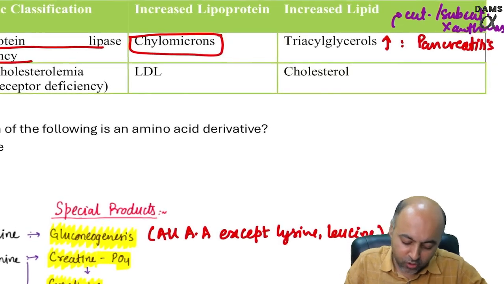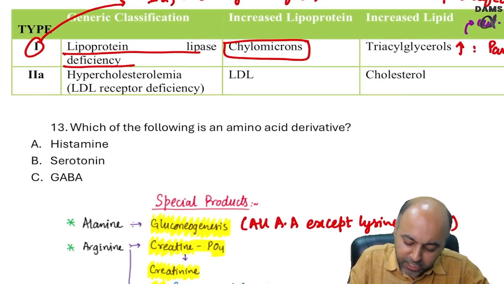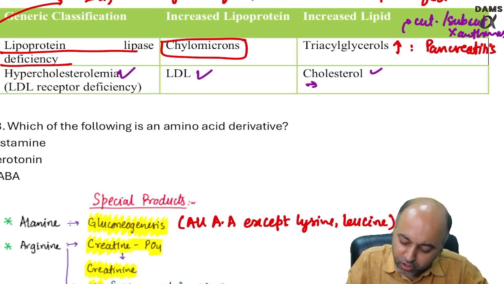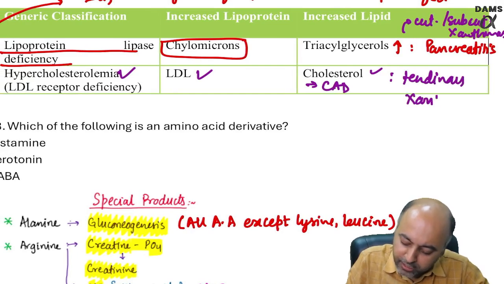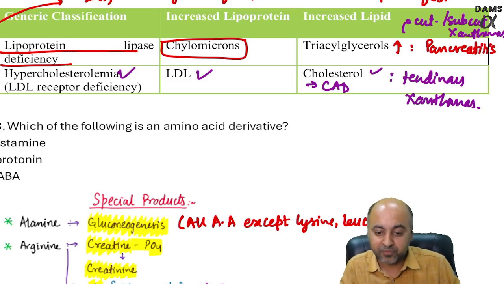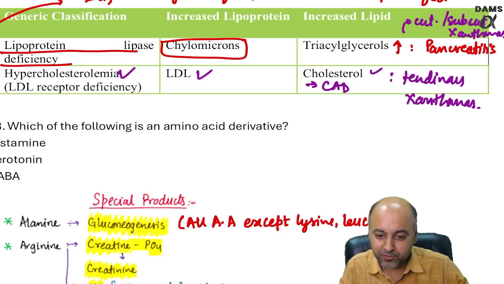Whereas in the case of type 2A, familial hypercholesterolemia, where LDL is elevated and cholesterol is elevated, there will be a history of coronary artery disease, and you will get tendinous xanthomas. So please remember tendinous xanthomas.